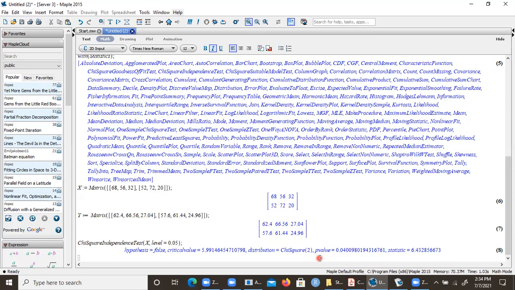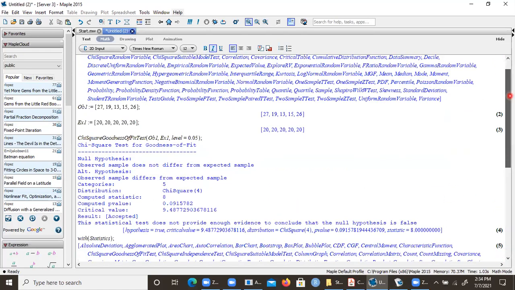One fine morning, you have come to me and you have asked me whether Maple can calculate chi-square or not. I have shown you the above example, and I have shown you, yeah, Maple can indeed calculate this thing. And then you go back and you take the problem of independence and try to use this command, and you get some conclusion. You will definitely get some conclusion, and on the basis of the conclusion, you are giving your judgment.